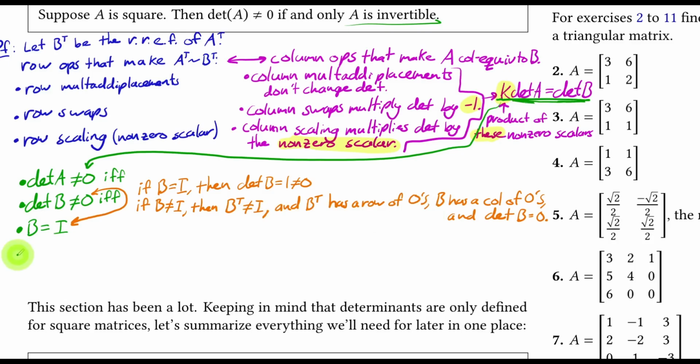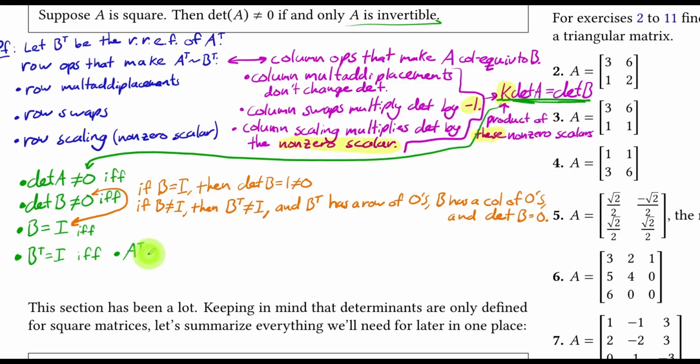Okay, now at this point, B is the identity matrix if and only if B transpose is the identity matrix, and that's true if and only if A transpose is row equivalent to the identity matrix, which means A transpose is invertible using the invertible matrix theorem.